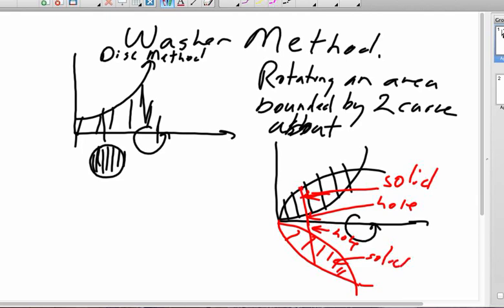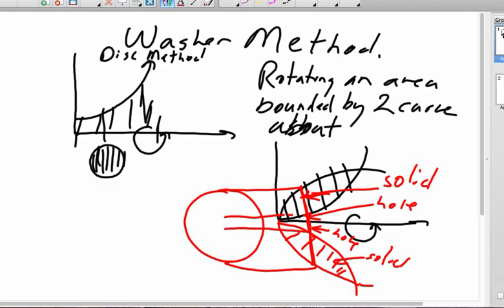If we take this slice and look at it in cross section, again I'm going to have a circular shaped object with this point here and this point here. However, from here to here, I've got a hole. So this is solid, and this is my hole in here. So the actual volume is just going to be around in here.